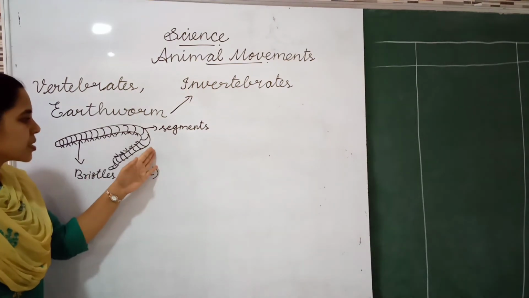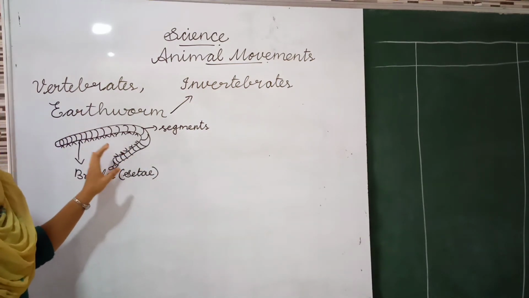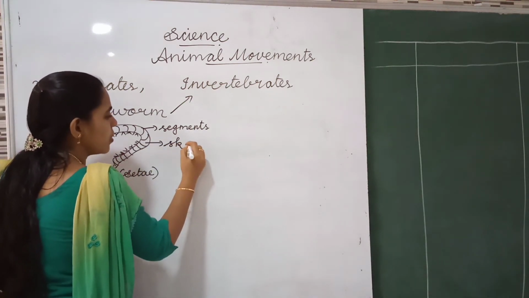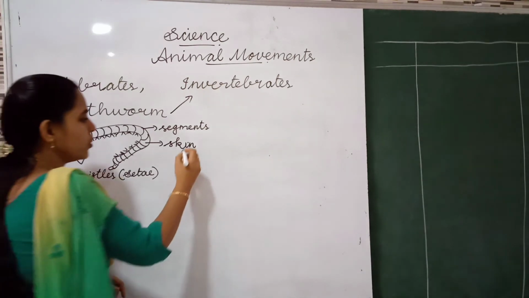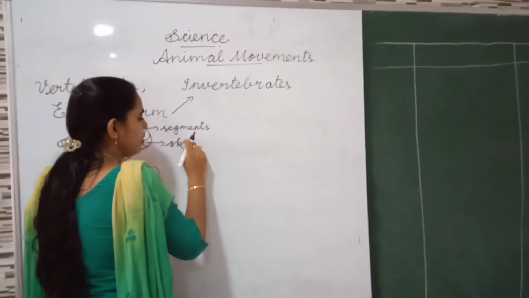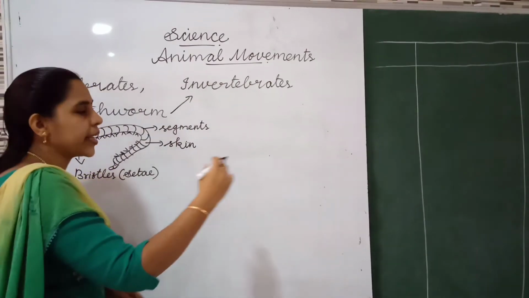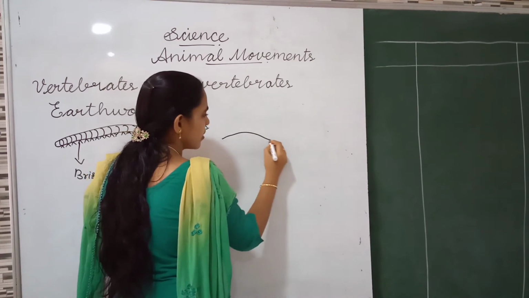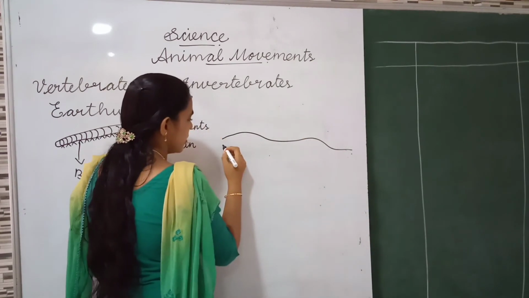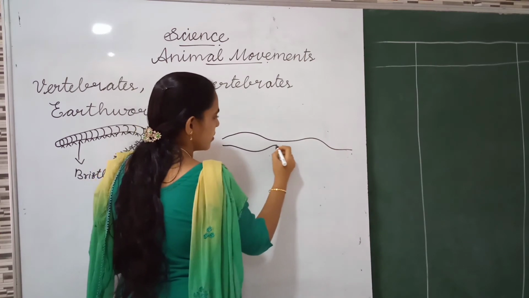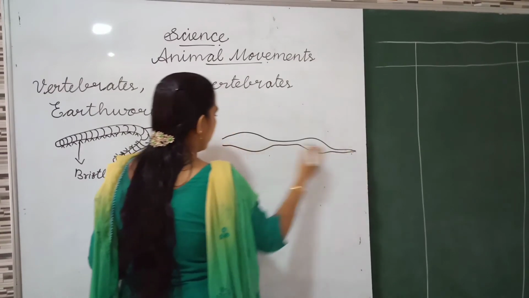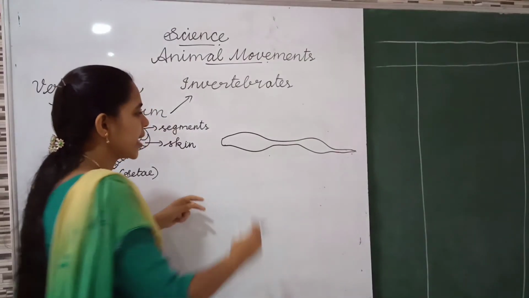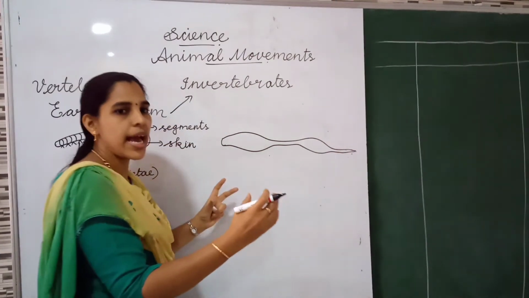See, these earthworms use their skin to breathe. The earthworms use their skin to breathe. When the earthworms are moving in the soil, their body will go through contraction and relaxation.